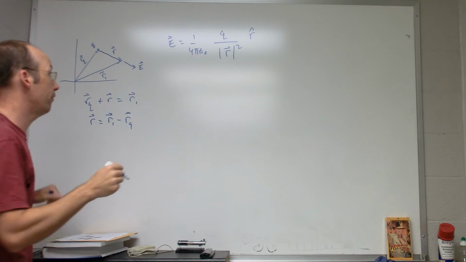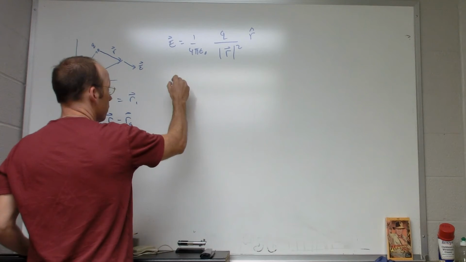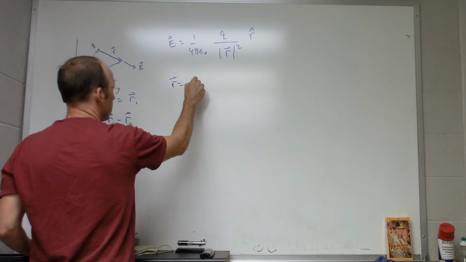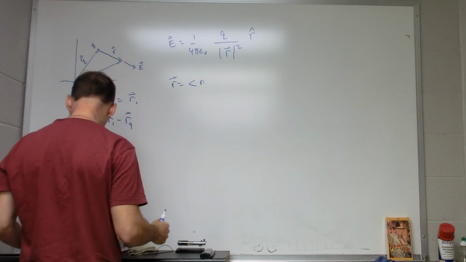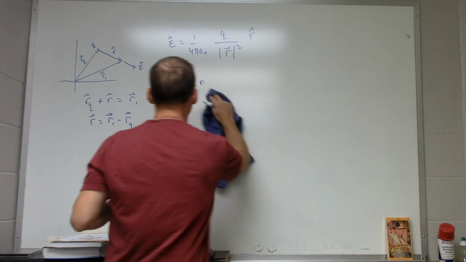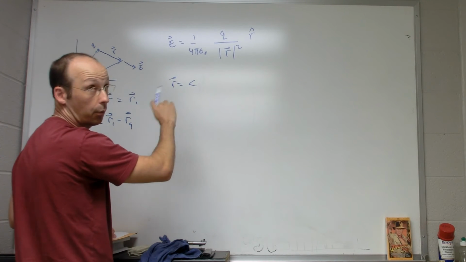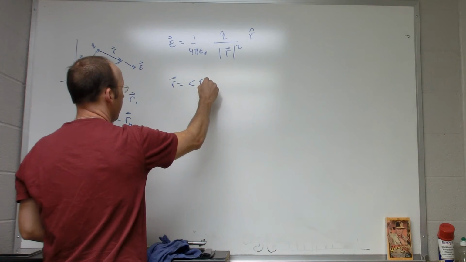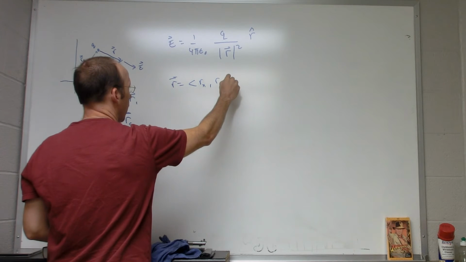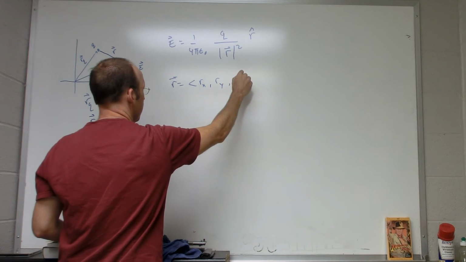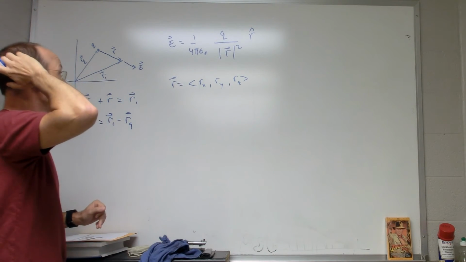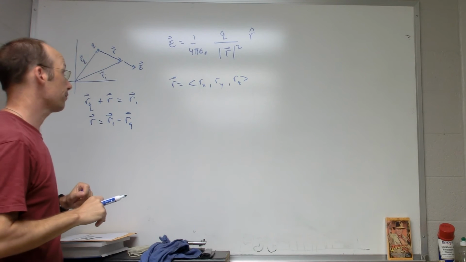So let's say I have R as a vector, and I'm going to write the vector components. This is the way we do it. It looks similar to something in VPython that we do numerically. We have an X component, a Y component, and a Z component. Those three components make up the whole vector.